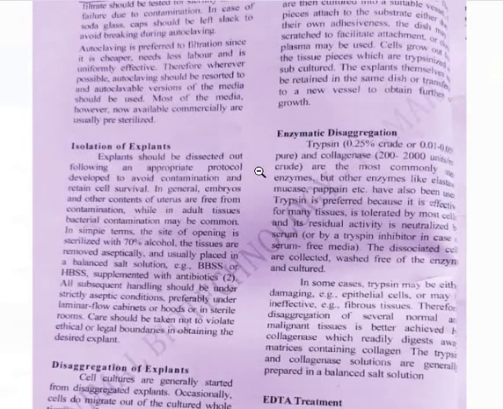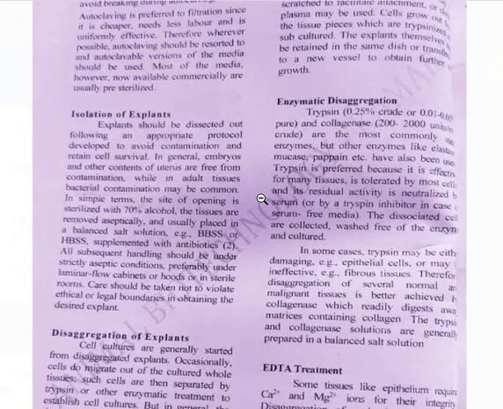Isolation of explants. Explants can be dissected out following an appropriate protocol developed to avoid contamination and retain cell survival. Cell survival is very important. In general, embryos and other contents of the uterus are free from contamination, but in adult tissues, bacterial contamination may be common.